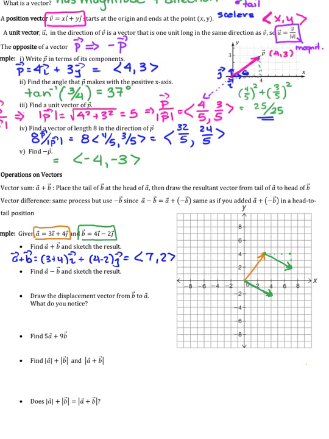I slid it up to the head of A, maintaining the magnitude and the direction. The resultant vector, you go back to the origin and draw from where you first started to where you end. So we tend to represent our resultant vector with R. And that's how that would look.